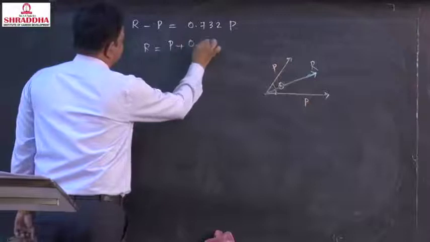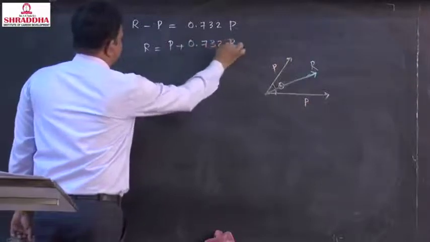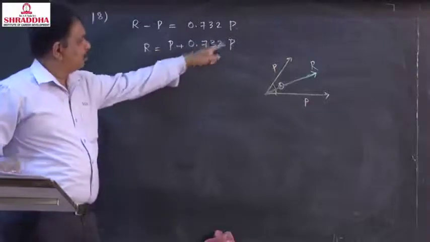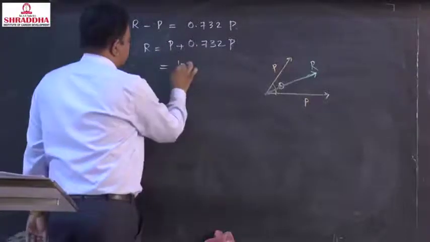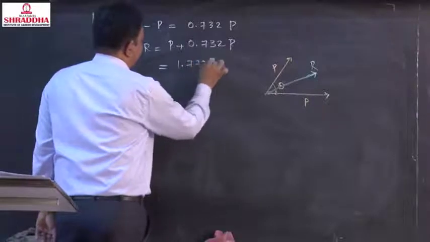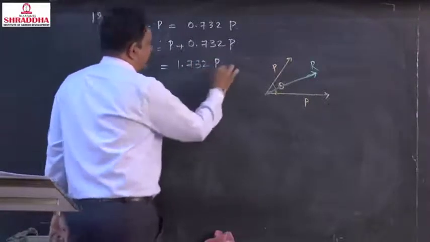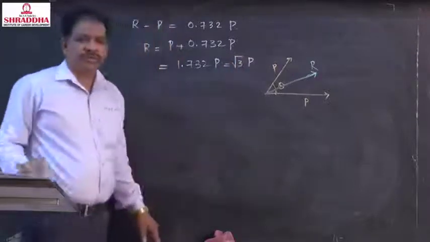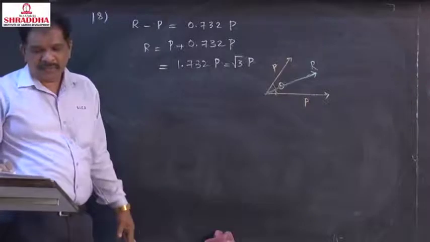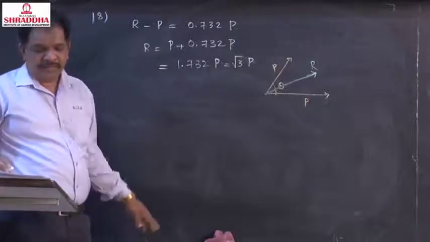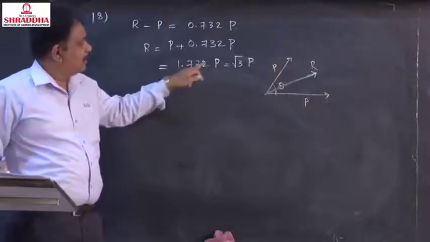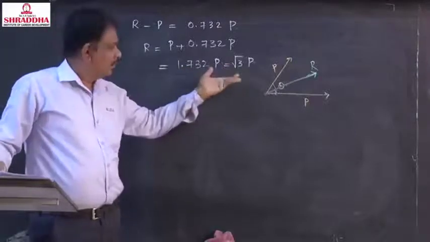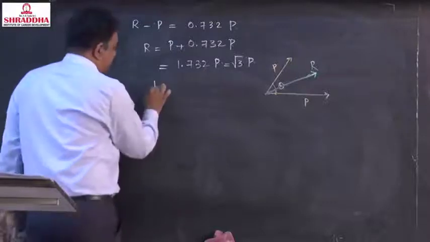P plus 0.732 P. So 1 plus 0.732, 1.732 P, this value will be equal to root 3 P. So indirectly they gave R is equal to root 3 P. Using this, we can find the angle between the two vectors.